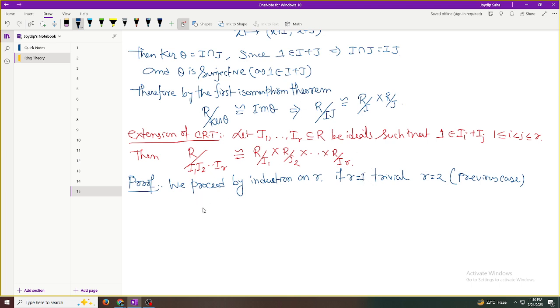Okay, let I equals I1 to I(R minus 1) and j equals IR.